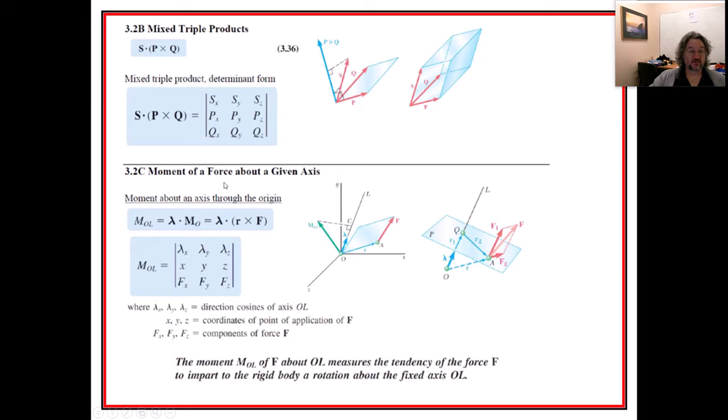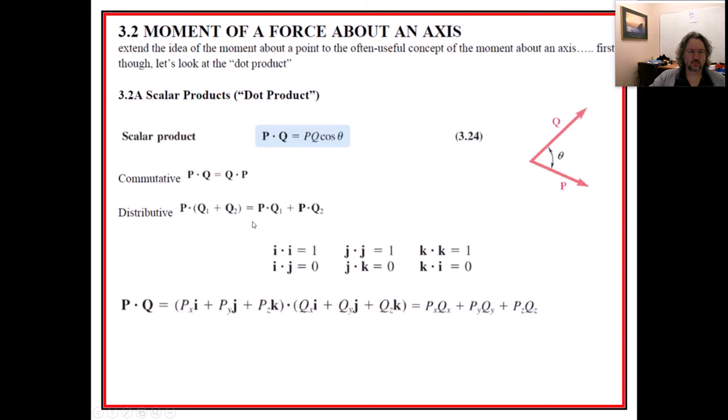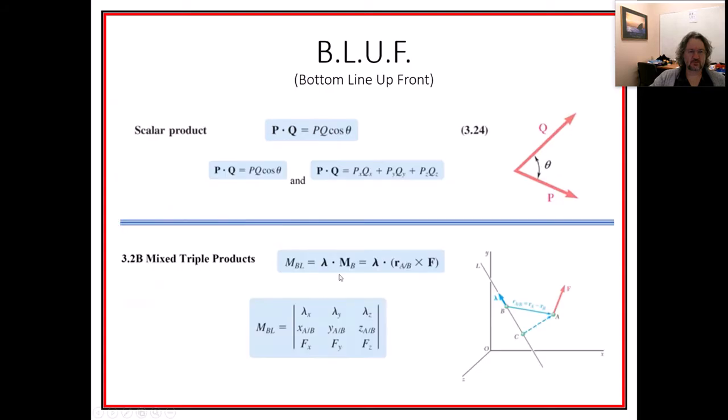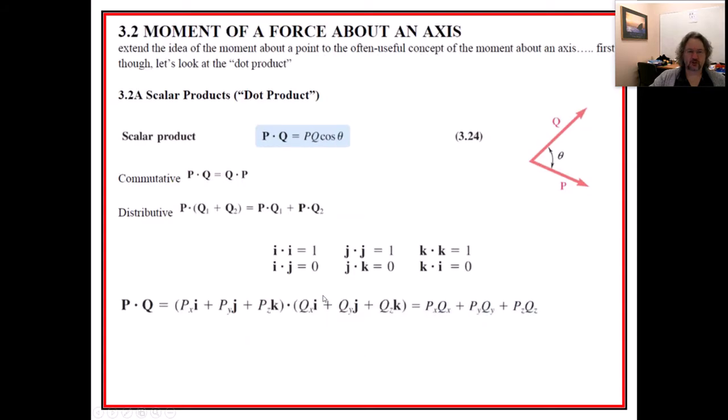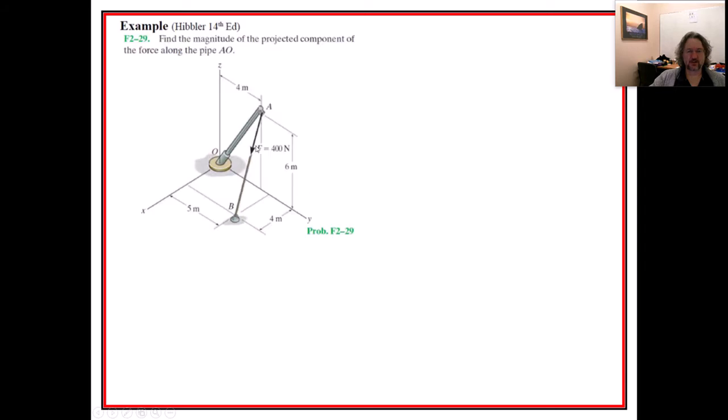All right, so the moment of a force about a given axis. That's a pretty good one, right? That's kind of similar to what we did up here. No, not quite. What I was doing is just taking this vector and dotting it against here.